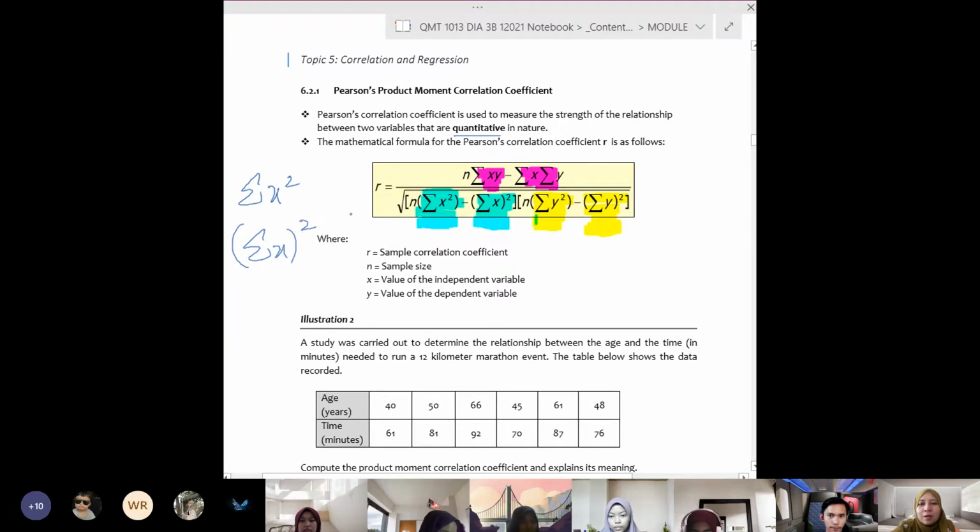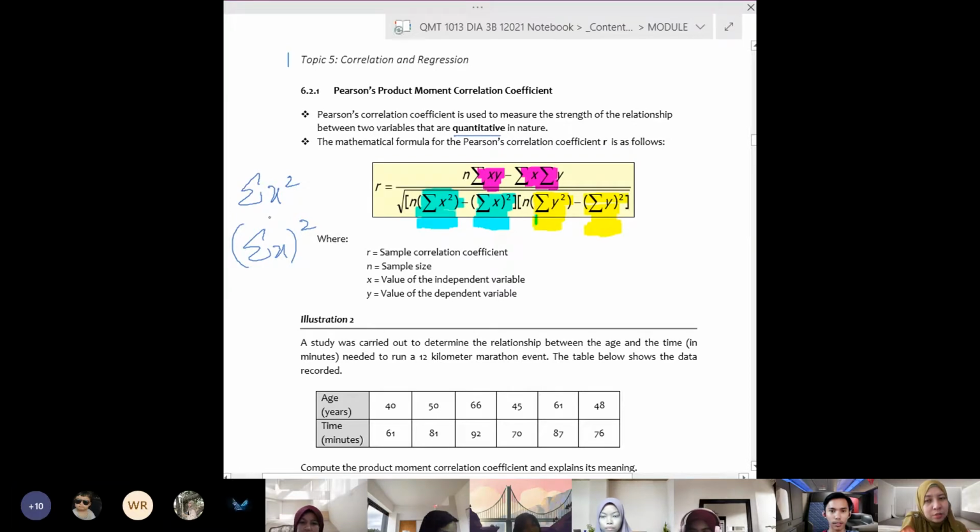What is the difference? For the x square, what do you need to do first? The summation.